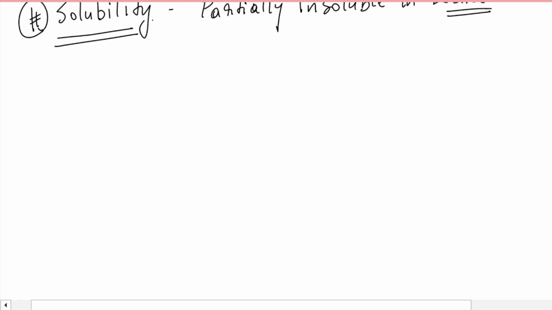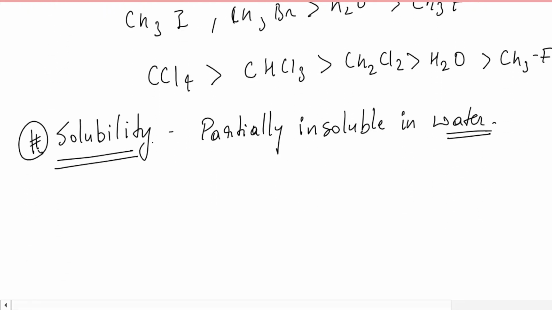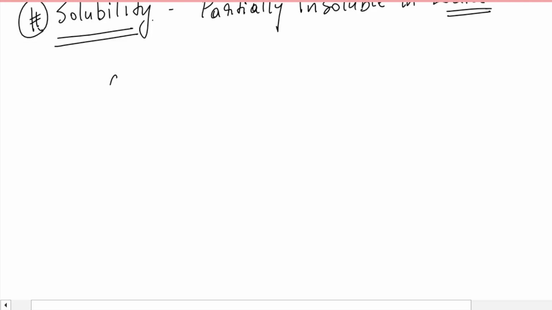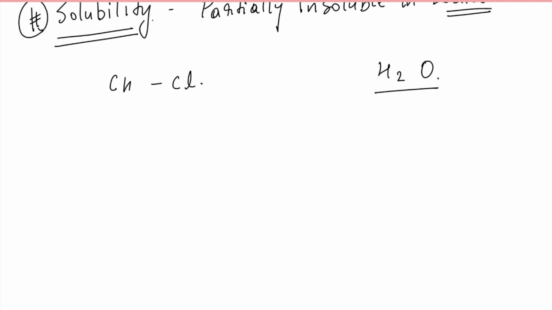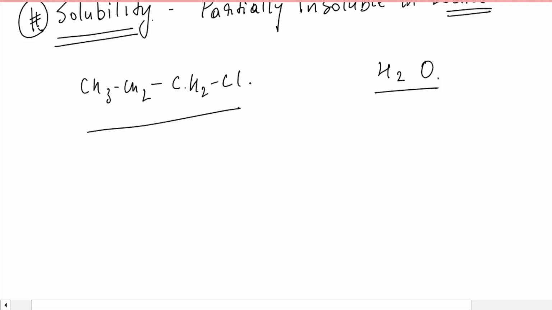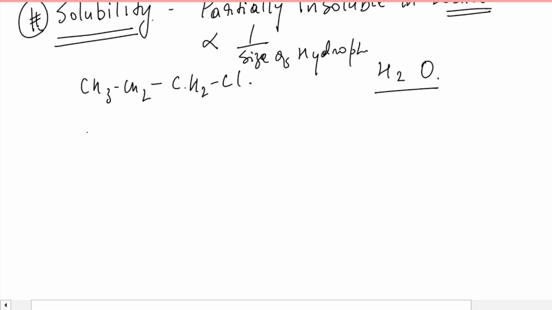Let me explain the solubility of haloalkanes and haloarenes in water. Suppose the compound is CH3Cl, and you are solubilizing it in water, H2O, or you can take a liquid compound, CH3CH2CH2Cl. Suppose this is the compound and another one is H2O. One thing is that solubility is inversely proportional to the size of the hydrophobic part.